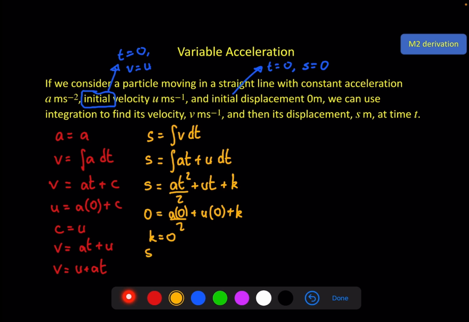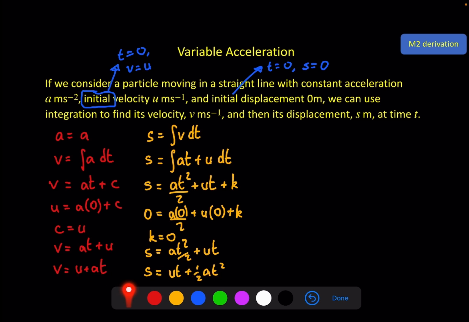So our formula is s is equal to at squared over 2 plus ut, and again you might be more familiar with it written the other way around, ut plus a half at squared, our second constant acceleration formula.